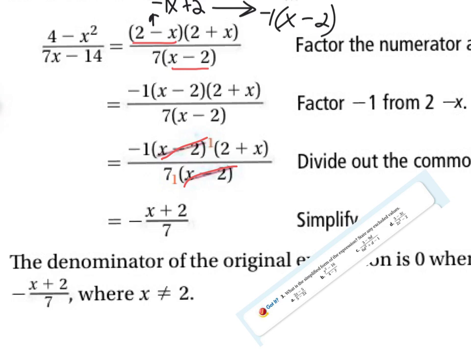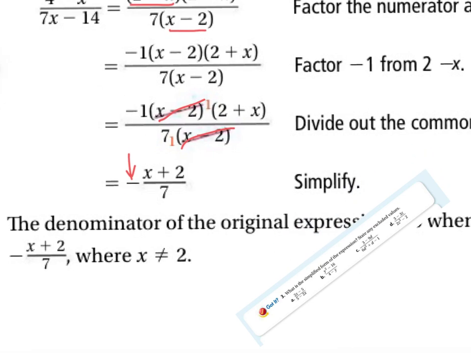I'm not a big fan of how the book is putting that negative right next to their fraction bar where we can hardly see it. I would probably just leave it up here. And you might ask, they have it as 2 plus x, and then now they switch it to x plus 2.